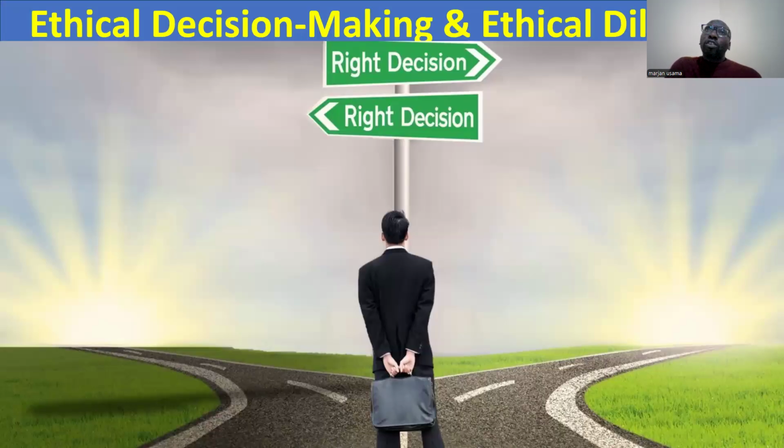And we said that those theories can help you as a manager or as an individual when you want to make a decision. Now, in our lesson today, we shall be talking about ethical decision making and ethical dilemma. So we shall be discussing these two elements in our lesson today.